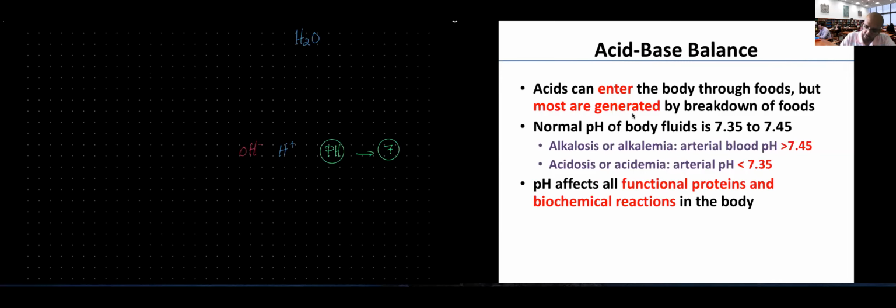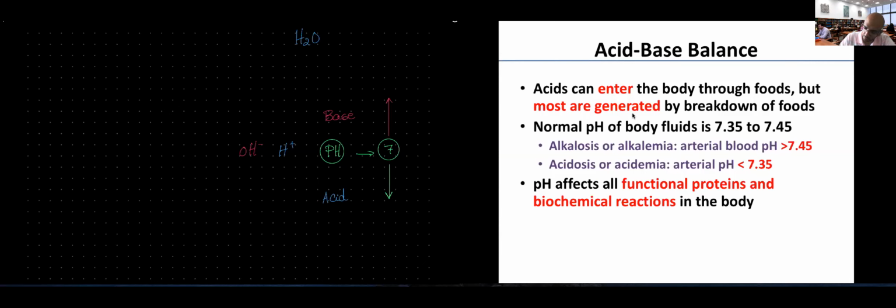Remember, acids will have a pH less than 7. And bases will have a pH greater than 7. How about my blood?